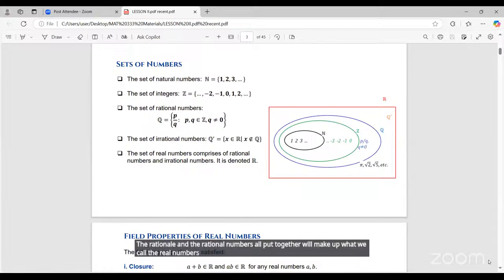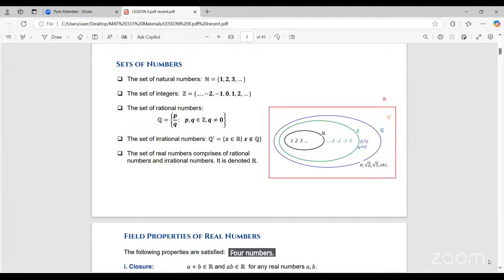Now, let's take it step by step. We have the set of natural numbers, which we denote by N equal to 1, 2, 3. We call these natural numbers. We also call them what? Whole numbers. With the natural numbers, you start counting from 1, 2, 3, down to infinity.